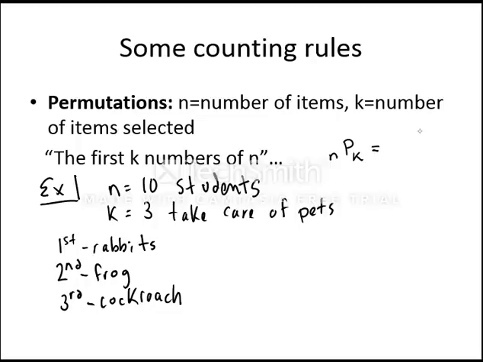Sometimes you'll see that, although some books don't even try to denote it, they just write out this, where that's n factorial over n minus k factorial. So here, n is our number of students. So this will be 10 minus the number that gets selected to take care of one of the class pets.